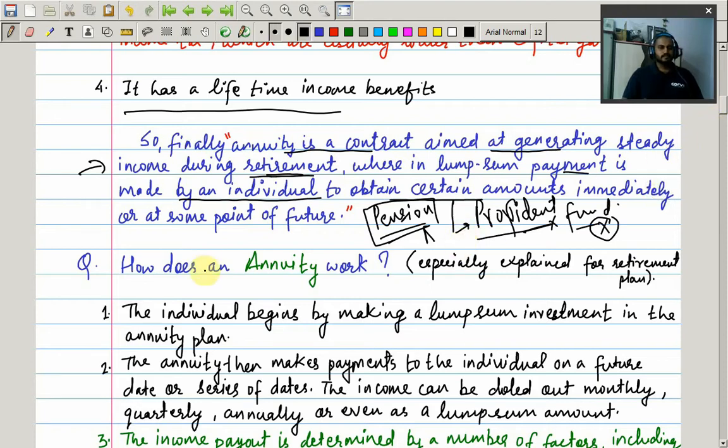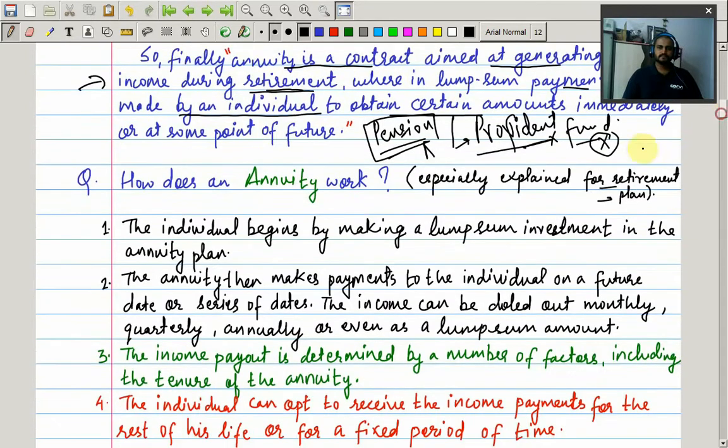Let's read further. How does an annuity work? Specially explained for a retirement plan. An individual begins by making a lump sum investment in the annuity plan. The annuity then makes payments to the individual on a future date or series of dates.